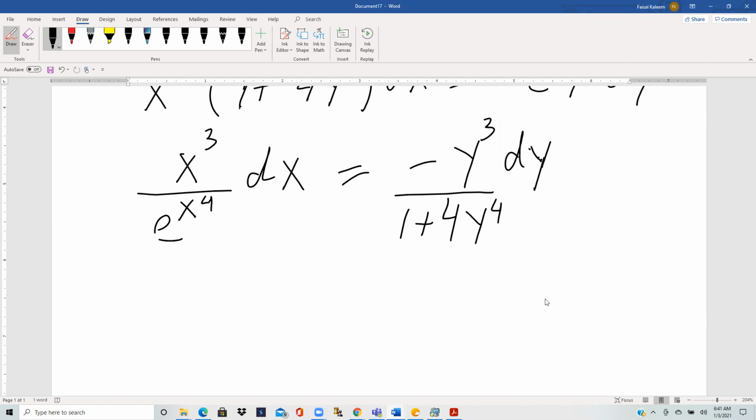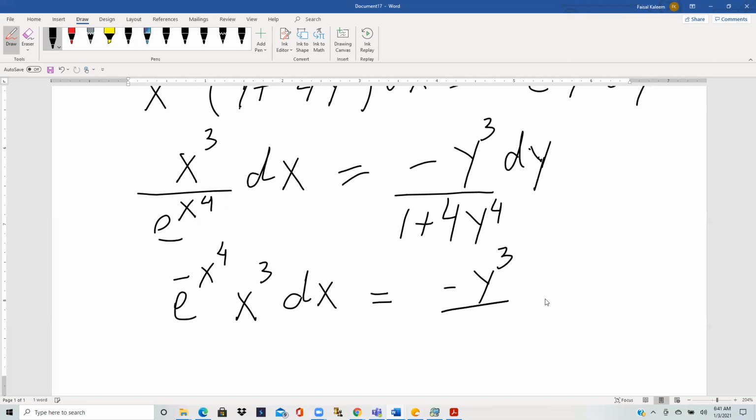If we write this left one as e to the negative x^4, x cubed dx. And we write this one as, okay, here we can just leave it like this, negative y cube over 1 plus 4y^4 dy.